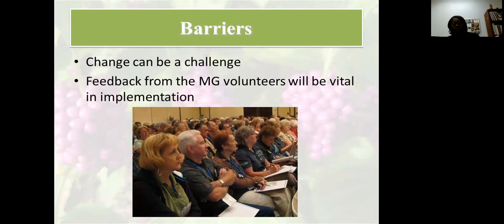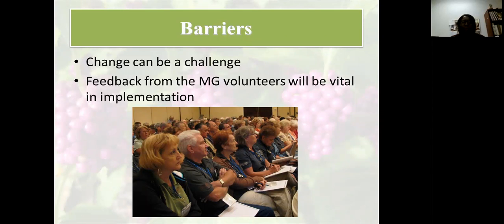So what are the barriers to you implementing a risk management plan? As I said when I started, people get terrified when you talk about risk. Change can be a challenge, because once you put together a risk management plan, you're going to need to implement some changes based on the strategies you think you need to implement to mitigate those risks.